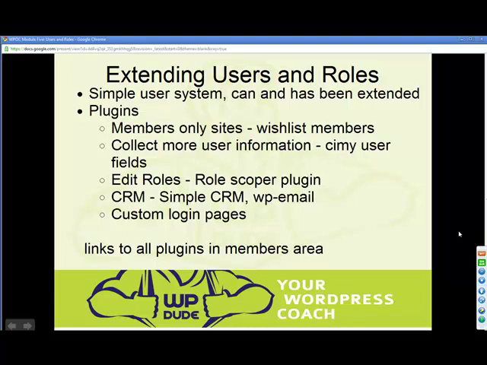You can extend the roles by editing roles using the Role Scoper plugin. If the 5 built-in roles aren't detailed enough for you, you can create extended roles. An example of that might be you want the editor role to be able to add new themes. You could change the scope of the role using that Role Scoper plugin.